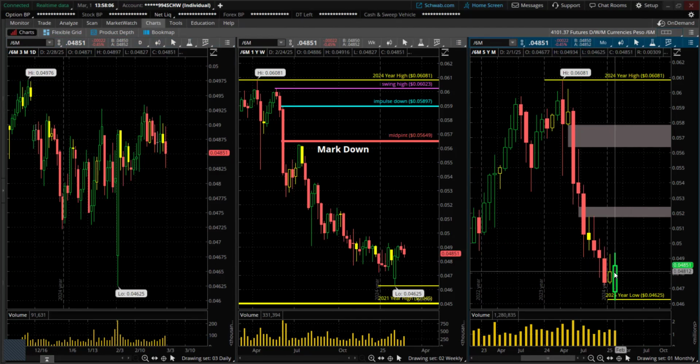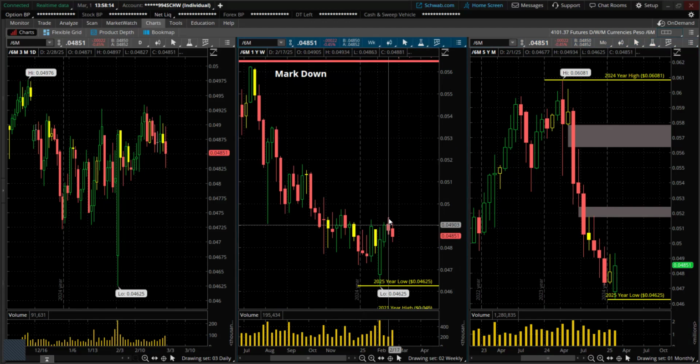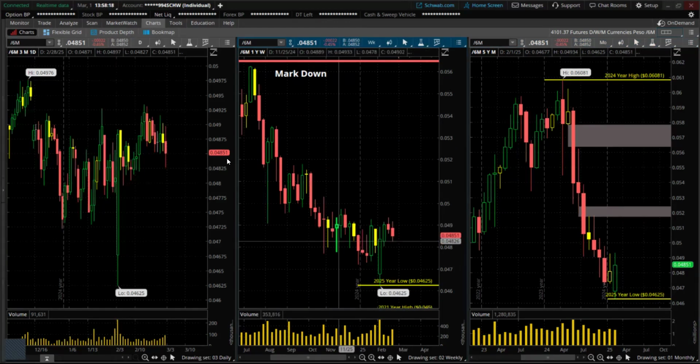Huge trading range again, but new low. So again, extremely bearish, the Mexican peso. Monthly chart, small trading ranges, lower lows, lower highs for the past 2 months. Very small trading range. And the weekly, nothing impressive. Go on to the next.